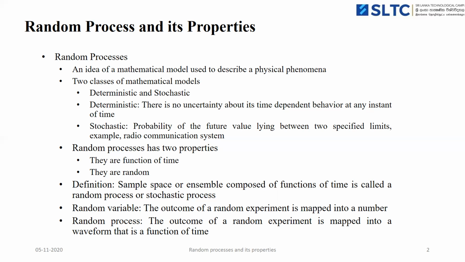And there is a difference between random variable and random process. A random variable means the outcome of a random experiment is mapped into a number or value, whereas in a random process, the outcome of a random experiment is mapped into a waveform that is a function of time.